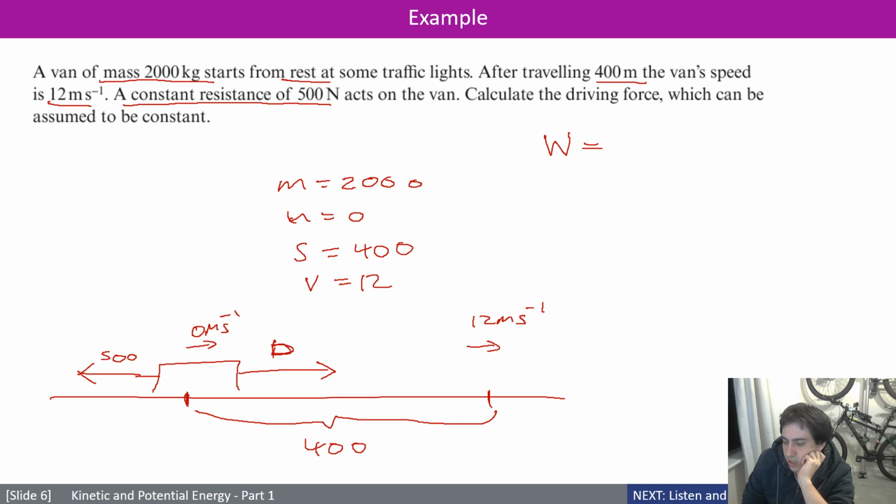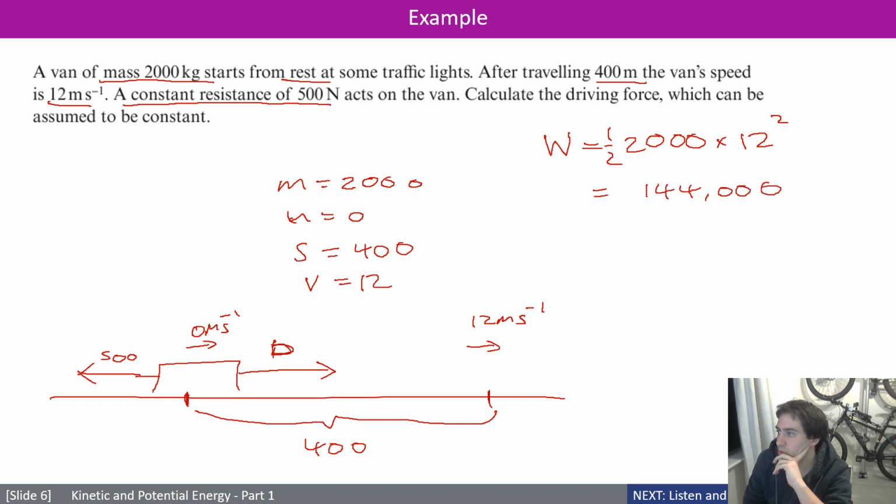Since the initial kinetic energy was 0, the change in kinetic energy is just going to be the kinetic energy that it ended with when it was 12 meters per second. So this van has a work done on it of 2000, which is mass, times a half, times 12 squared. So that's just going to be 144,000. Okay, and then technically minus 0, but that leaves the answer as it is.